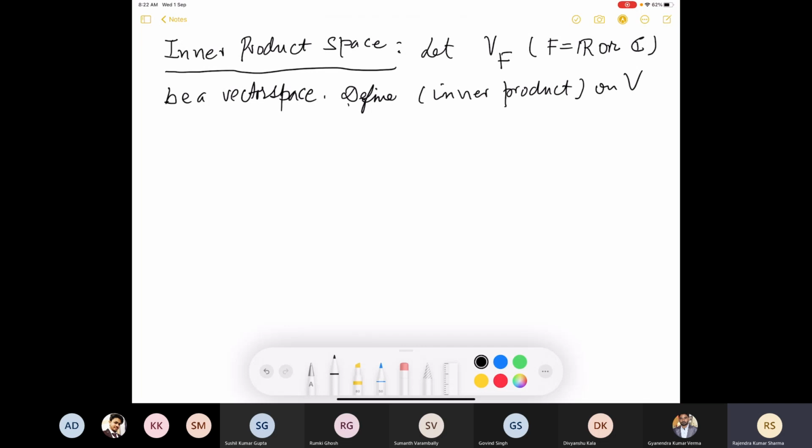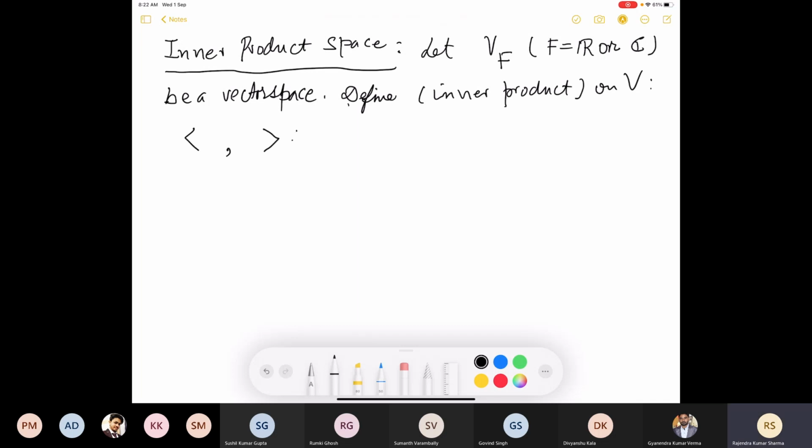So define what is called the inner product on V as follows. Instead of writing the dot, which people may prefer, we use a bracket, and to distinguish this from an ordered pair, we use this notation.